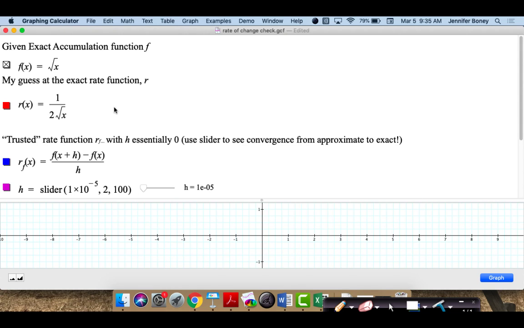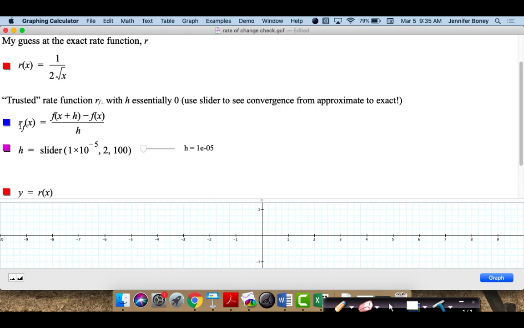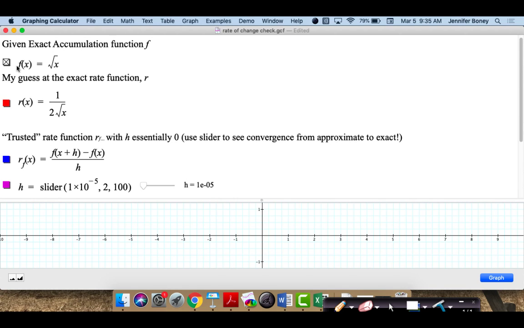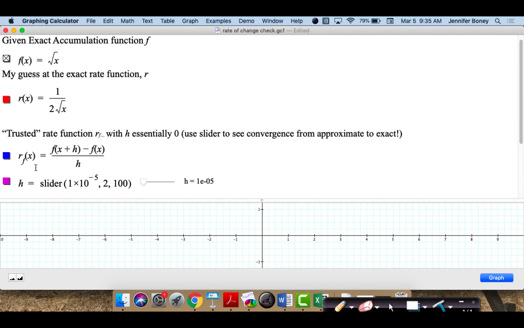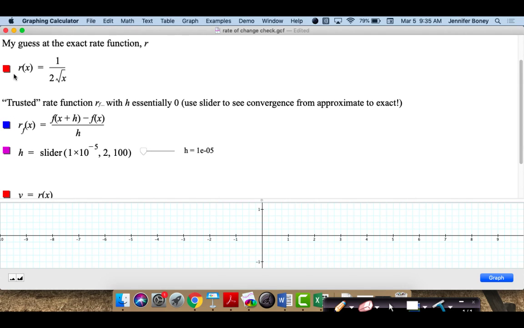Now, according to definition, to find the rate of change of function f, so this is all defined in here as f of x plus h minus f of x all over h, is going to be a blue graph, and I want to compare it to my red graph.